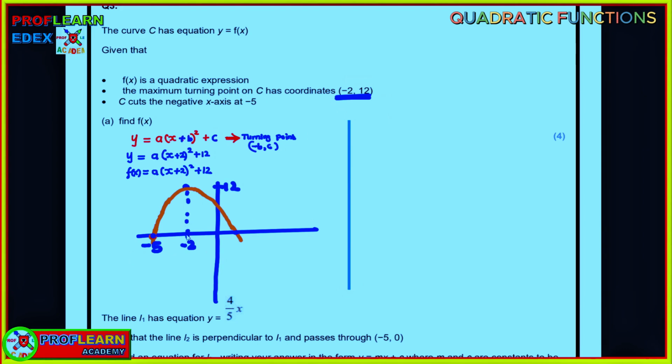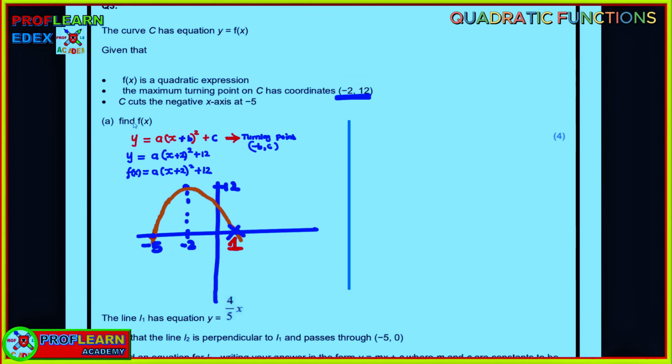Also from this line of symmetry to this other point must also be 3 units. From here to here is 3 units, and this to this also must be 3 units. So it means definitely this has to be 1.